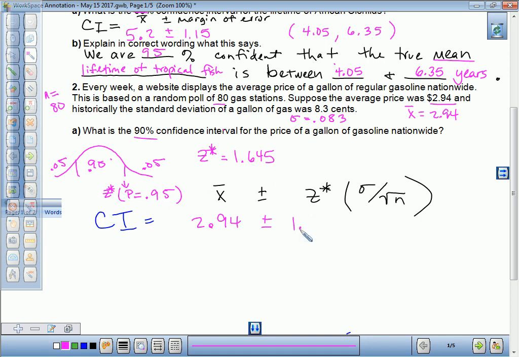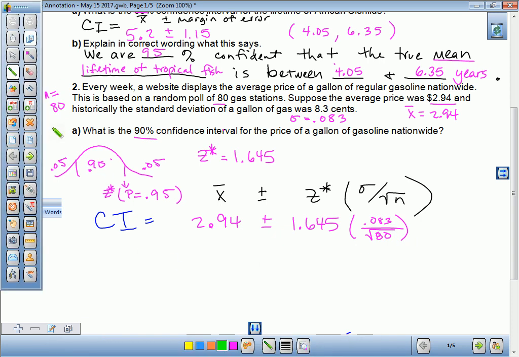And we just determined that that was 1.645. Sigma is the standard deviation of the population, and we were given that as 8.3 cents. And then N is the number of observations in the sample. In this case, we have 80, so this would be the square root of 80.